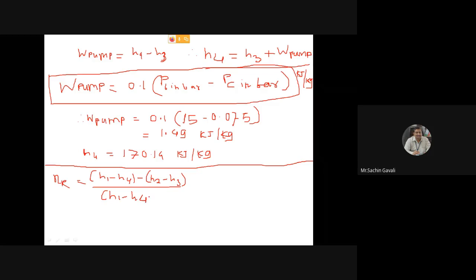Now here I will not solve this in detail. Everybody knows the values of H1, H4, H2, H3. Put the values and tell me the answer.